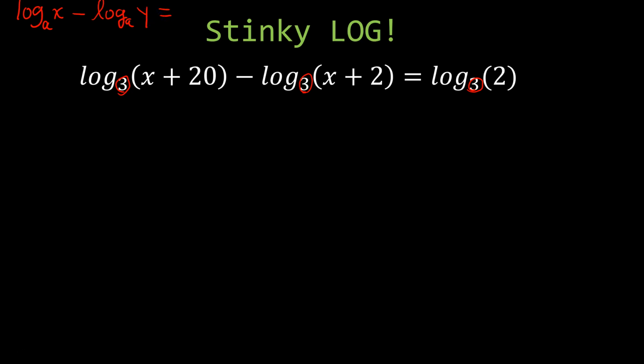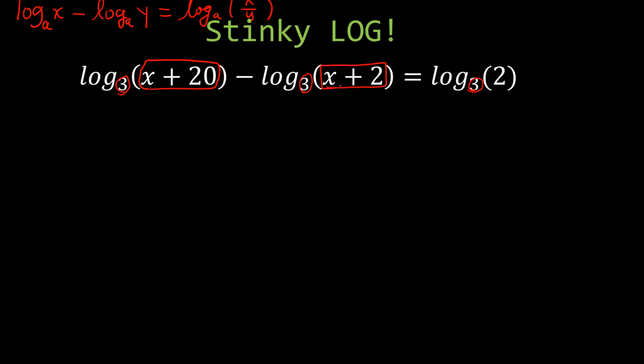Think exponent. When do you subtract the exponent? When you have division, right? So we will keep log base 3 the same, and what are we going to do with the input?